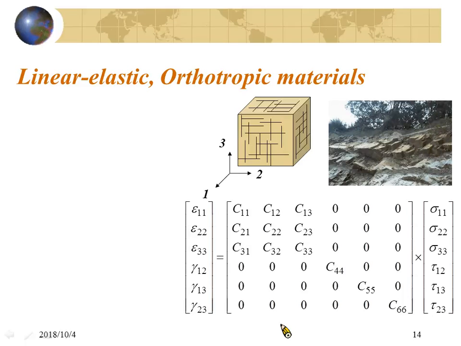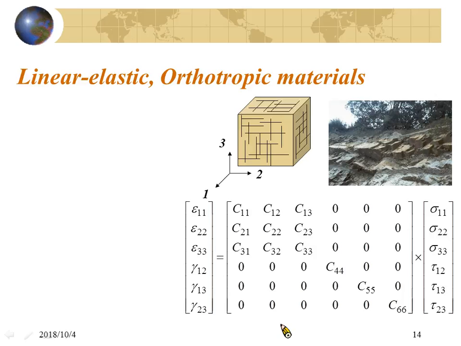It is frequently observed in the field. It's a little bit tilted in this direction. Actually, it's still like a cube, like a sugar cube. We call it an orthotropic material, but not an isotropic material.